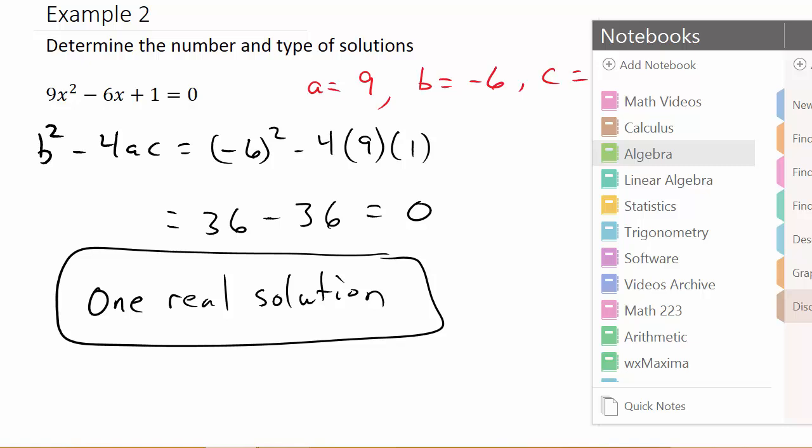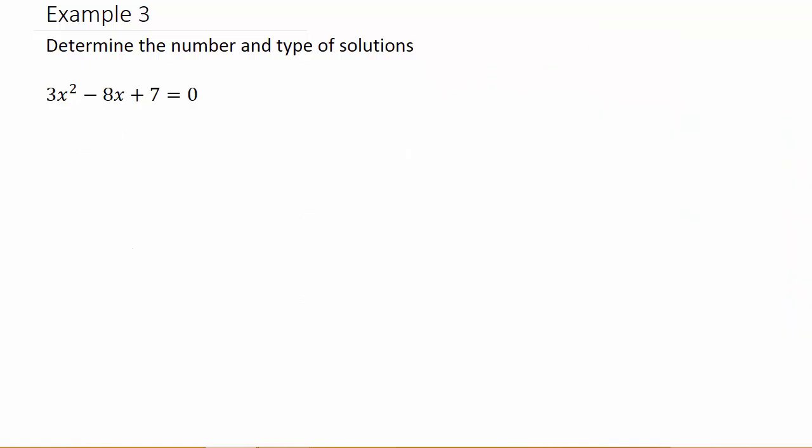And then the last one. We need to calculate b squared minus 4ac. I have a is equal to 3, b is negative 8, and c is 7. So let's plug this in.